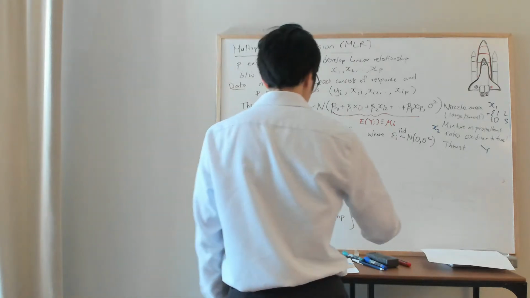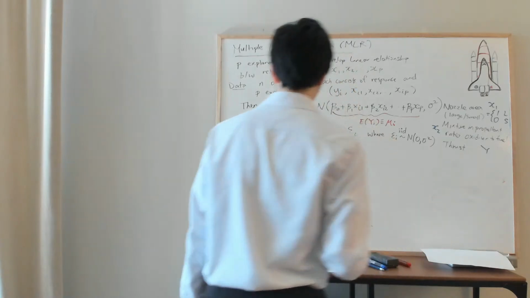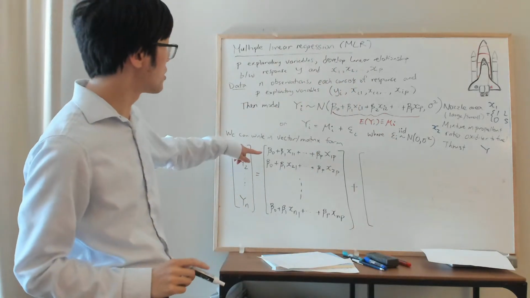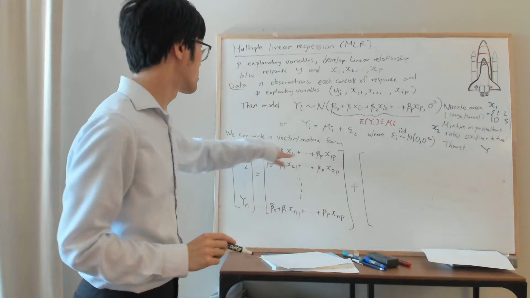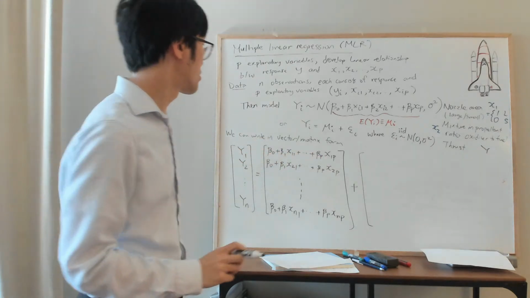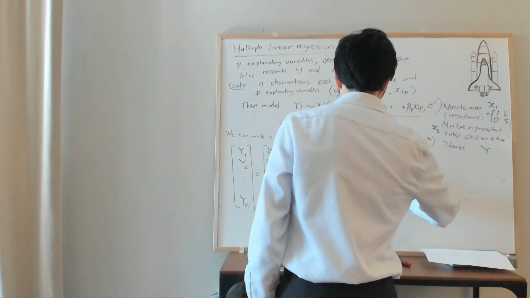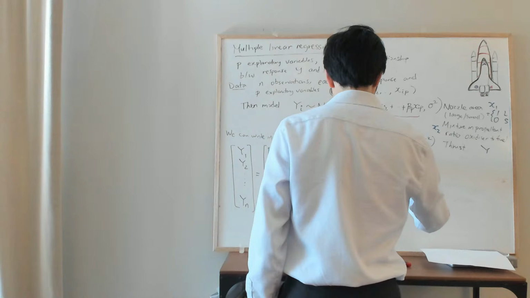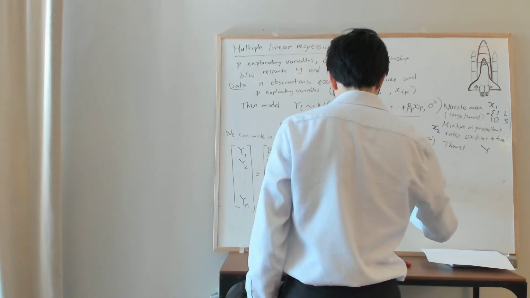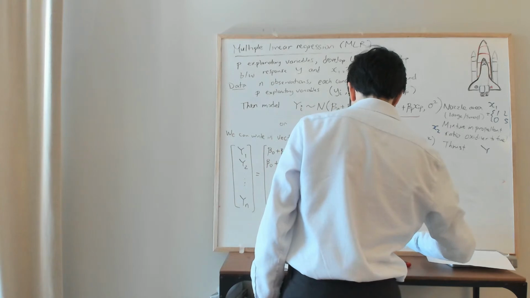Each of these is a value which represents the mean of the ith observation, and then to that we add our epsilons: epsilon 1, epsilon 2, up to epsilon n.